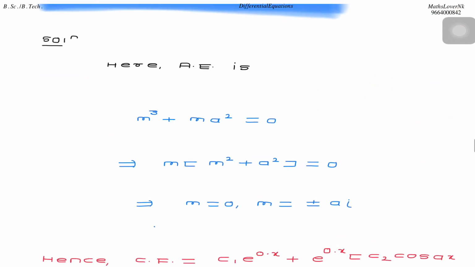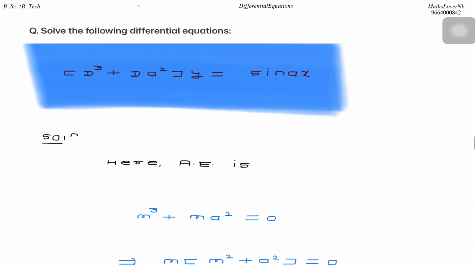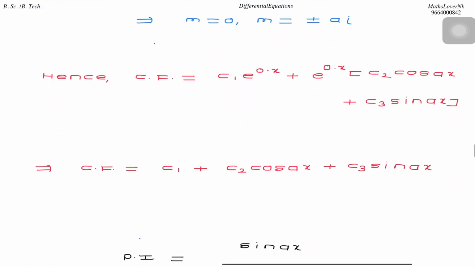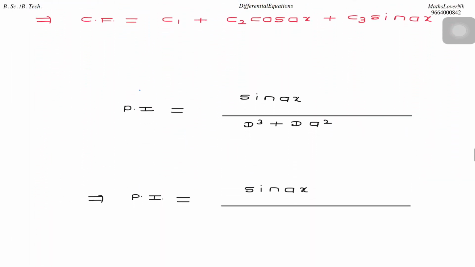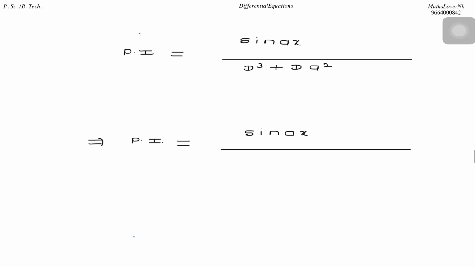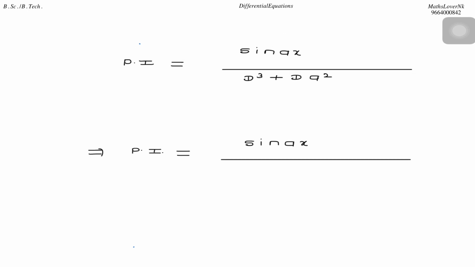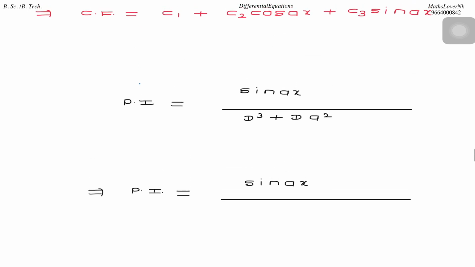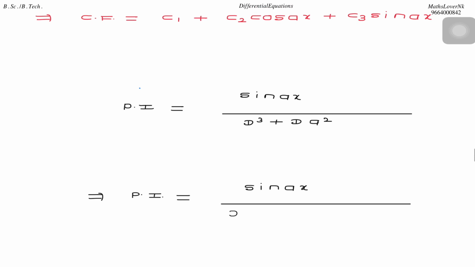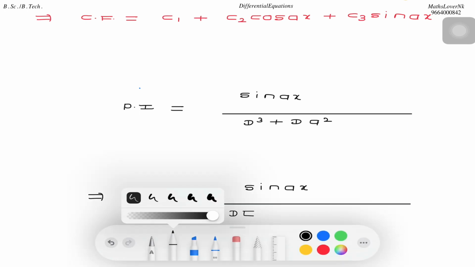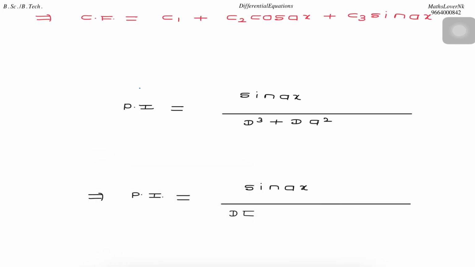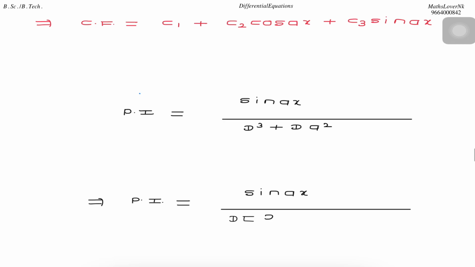For finding the PI, write down the RHS part of the given equation in the numerator. So sin ax in the numerator upon D³ + a²D, the LHS part of the function of D. Now take D out as common, then we get D(D² + a²).